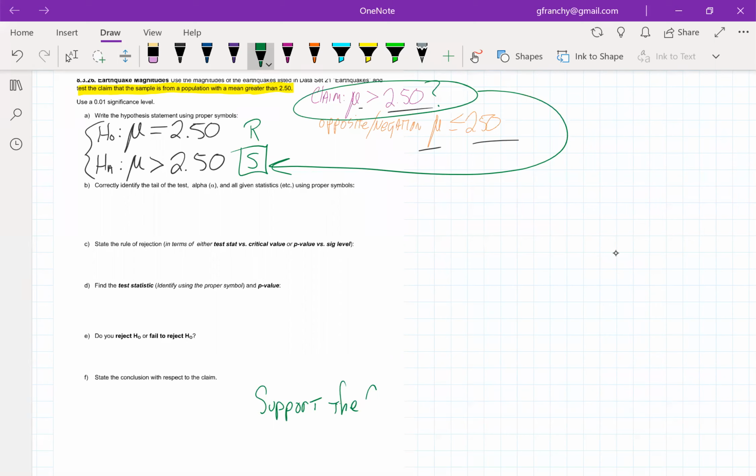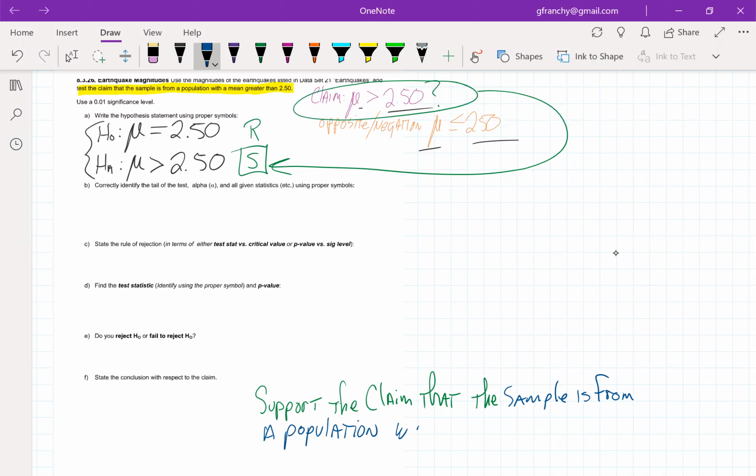We're going to talk about whether or not we can support the claim that the sample is from a population with a mean greater than 2.5. Or 2.50 since we're going out 2 decimal places.